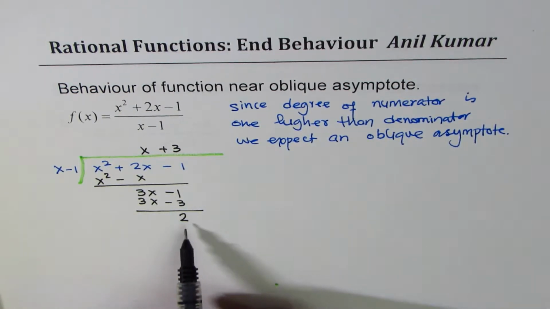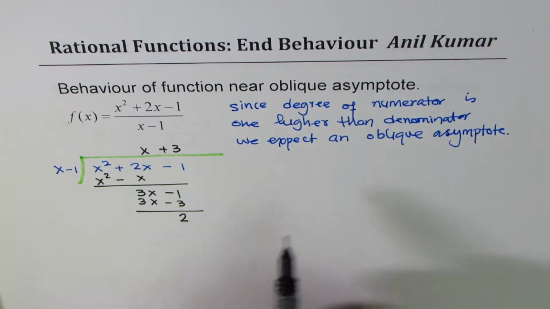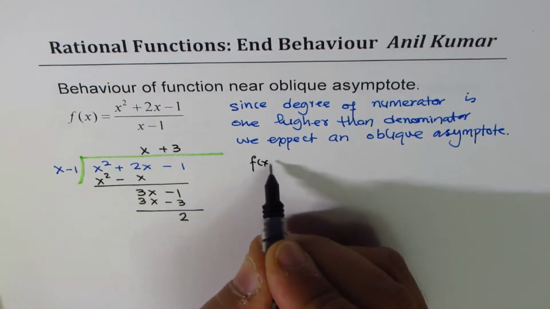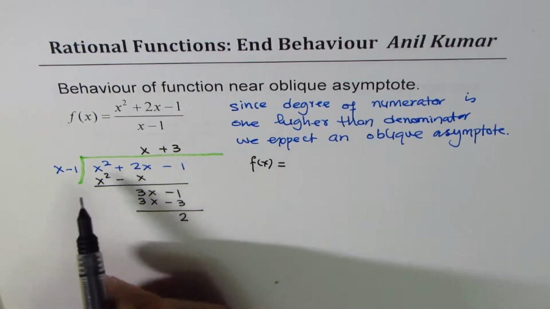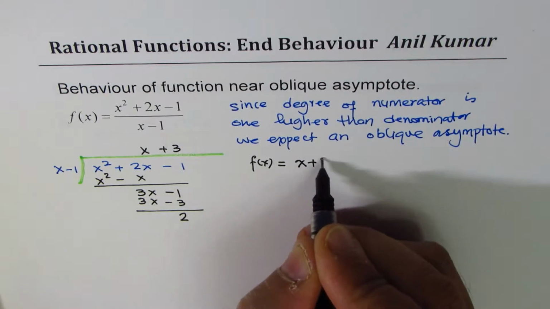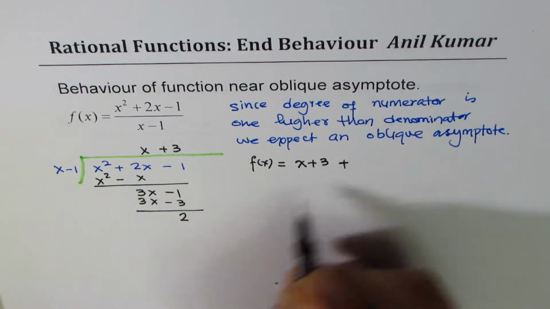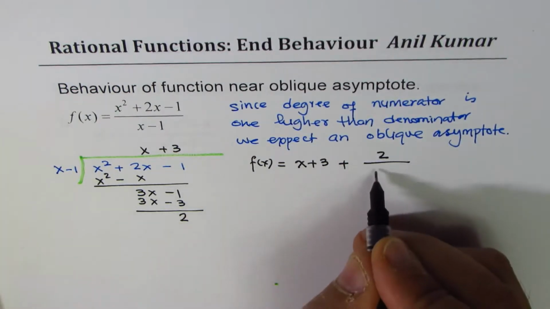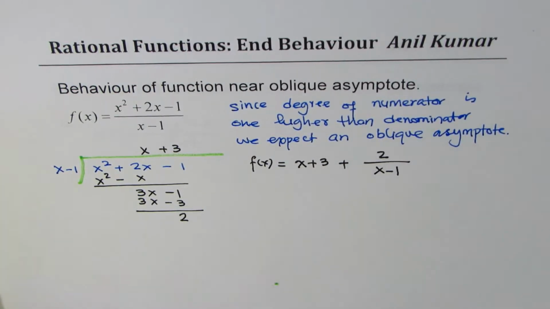So plus 2 means the remainder is positive, and now we can write this function f of x as equal to a quotient x plus 3, plus the remainder, which is 2, divided by the divisor x minus 1.